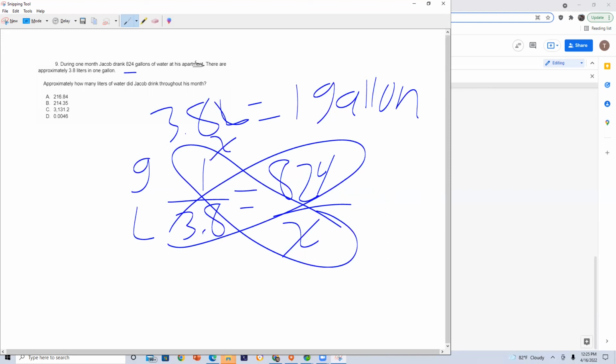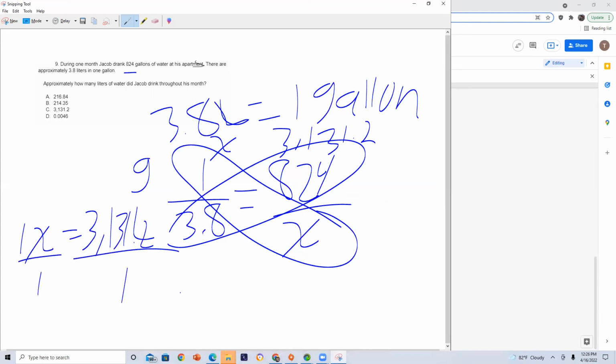So here it would be X, and then here 824 times 3.8, and that would be 3,131.2. So now we have 1x equals 3,131.2. We divide by 1 on both sides, and we get x.